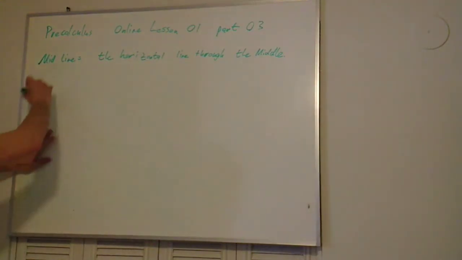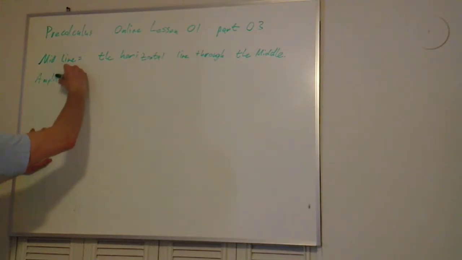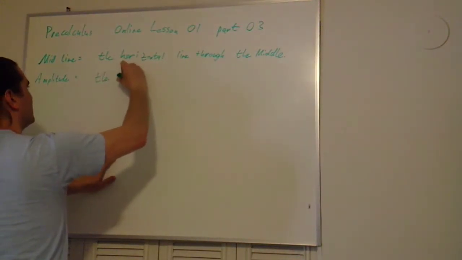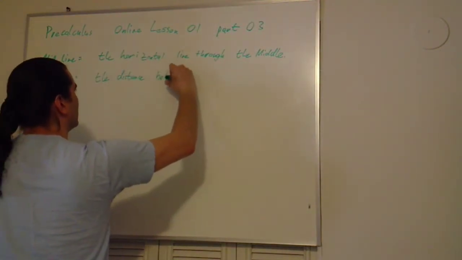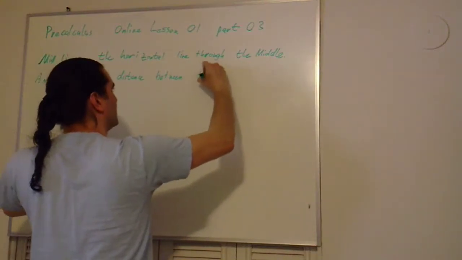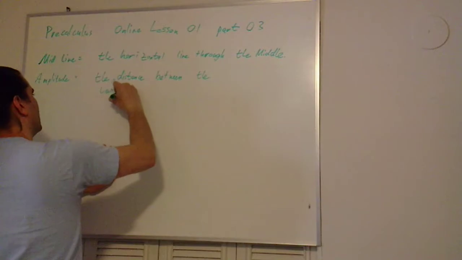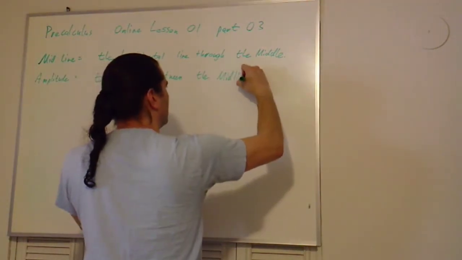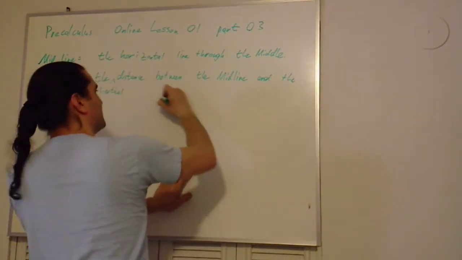Pretty straightforward. The amplitude is the distance between, I should say the vertical distance, between the midline and the peak.